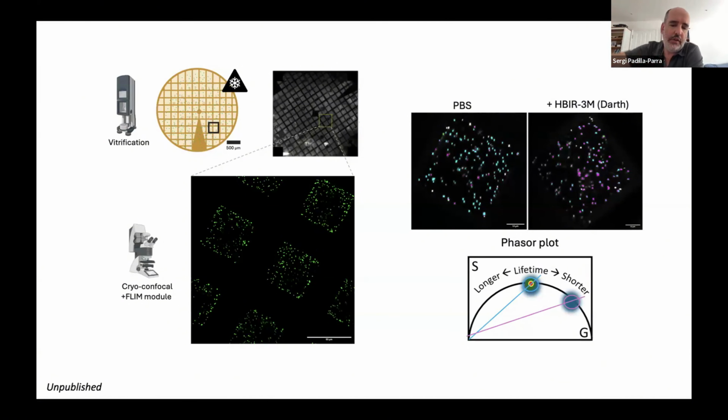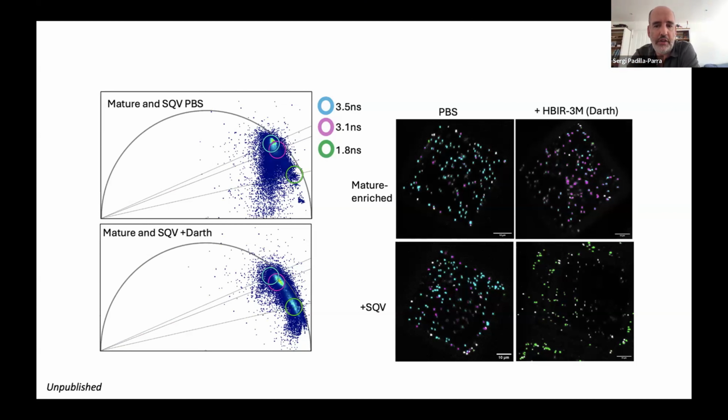Now here with the phasor, we do see that the biosensor is also working in cryo conditions, which is very nice because now we can have a biosensor that will tell us beforehand which particles to look at, if there is full cleavage of the GAG, if it is partial, if it is a mature or immature particle.